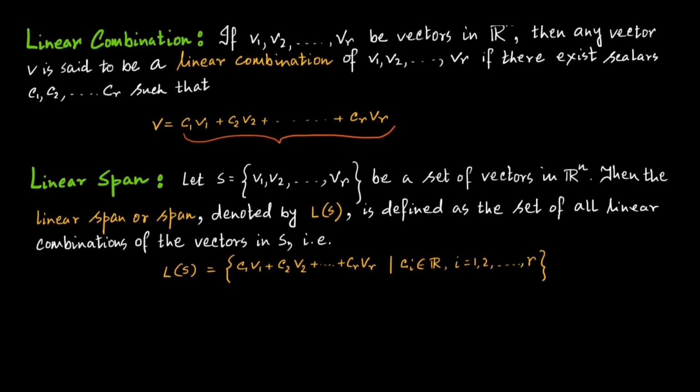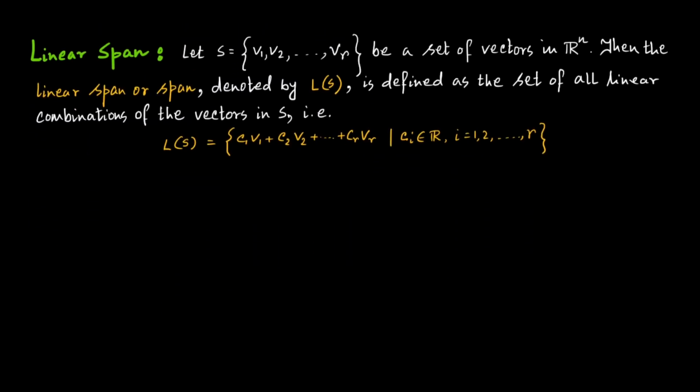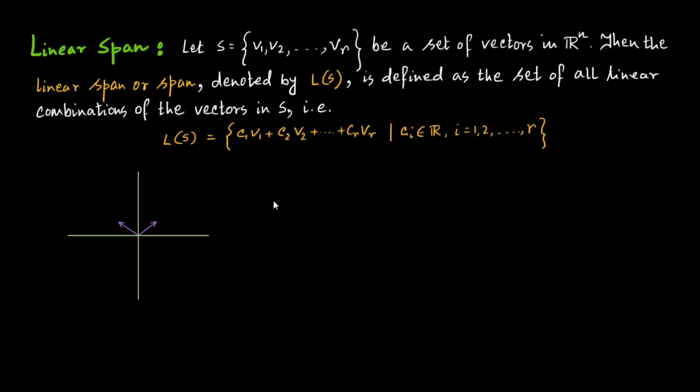Now, if we look at this definition geometrically, let this be my vector v1 equal to (1, 1), and this be my vector v2 equal to, say, (minus 1, 1). Now, if I consider the set of all the linear combinations of these two vectors v1 and v2, can you tell me what kind of a set, or geometrically what we will get?